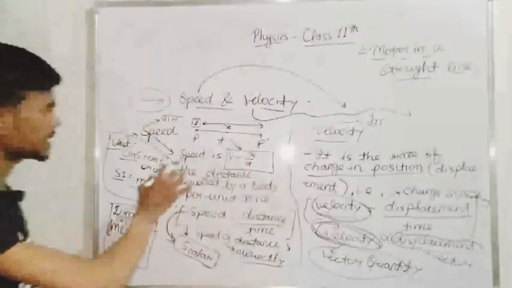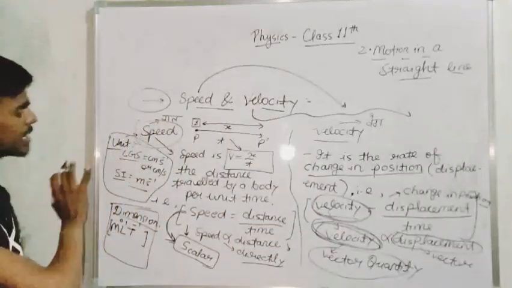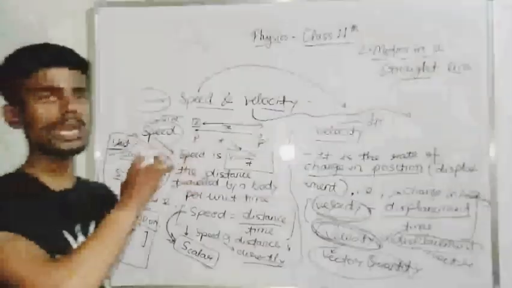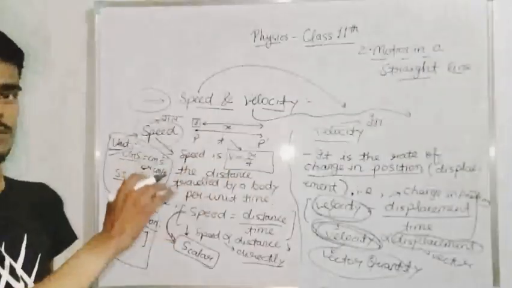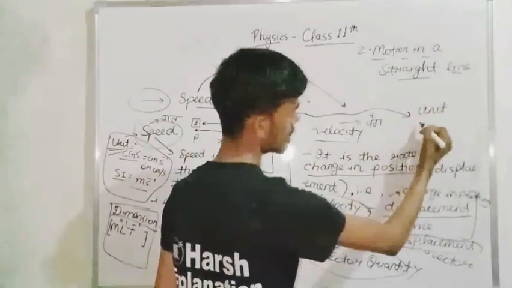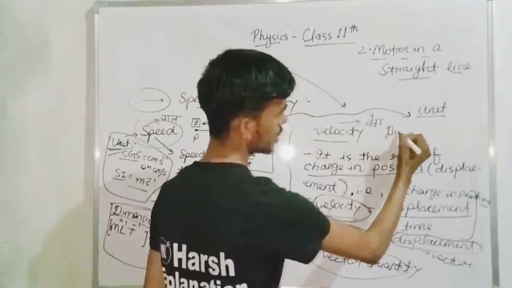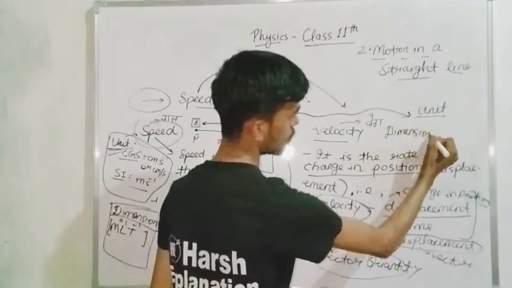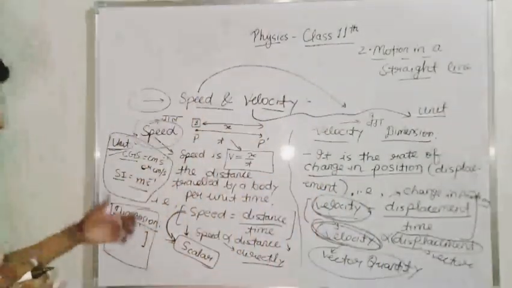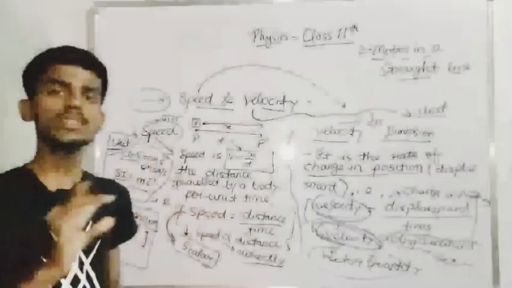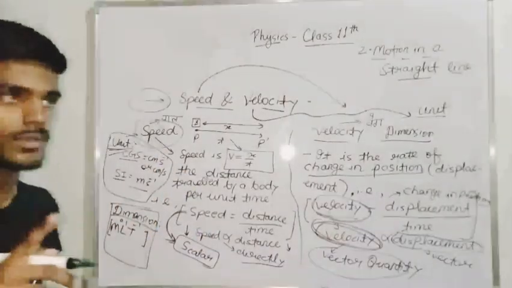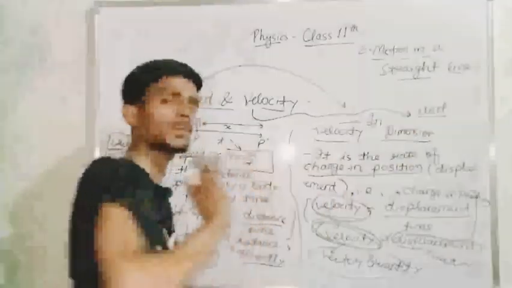Now, as we had already told about speed, and defined two more things, the unit and dimension, in the same way for velocity we will define its unit as well as dimension. Unit and dimension do not depend on direction. We already saw in chapter number one that units and dimensions are independent of direction.